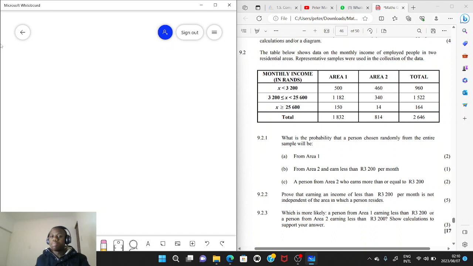Here's the statement: the table below shows data on monthly income of employed people in two residential areas. Representative samples were used in collection of the data, right? Here I have my monthly income in rands, and here I have the residents. It's either area 1 or area 2, right? So this is the total, right? So now I have the question, right?